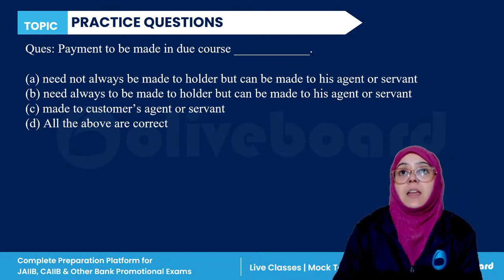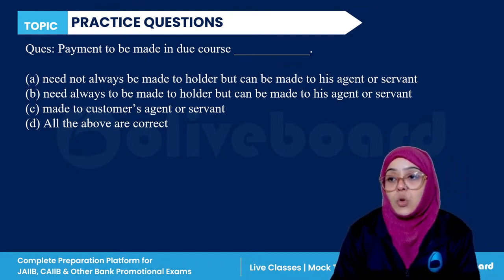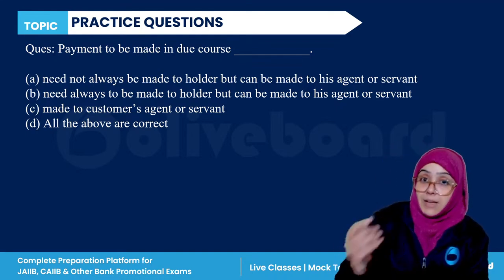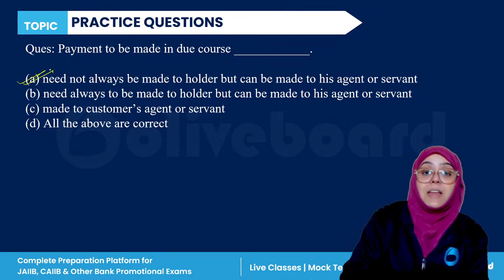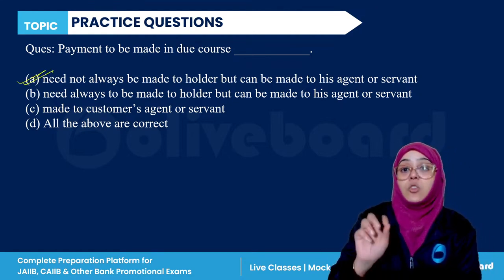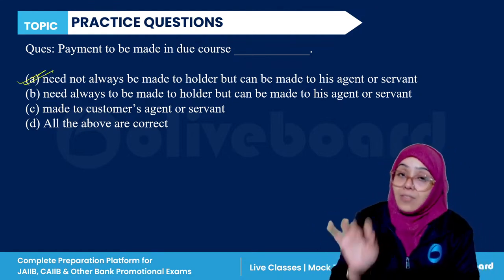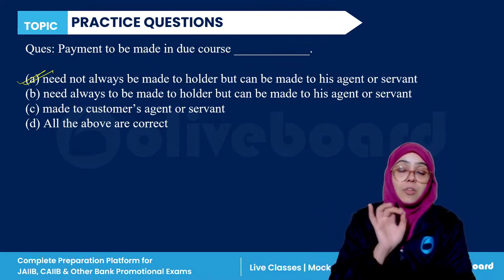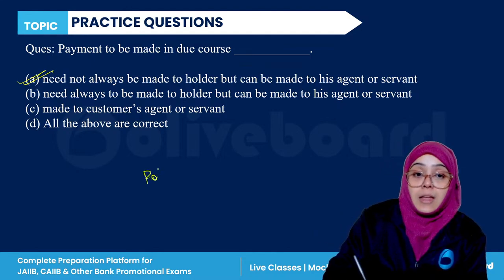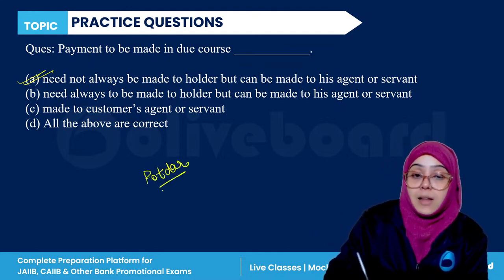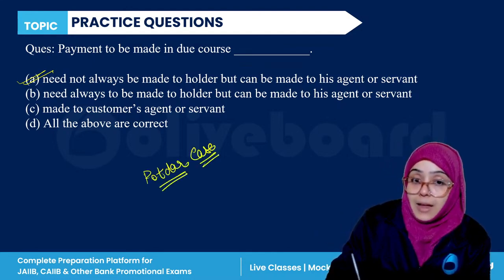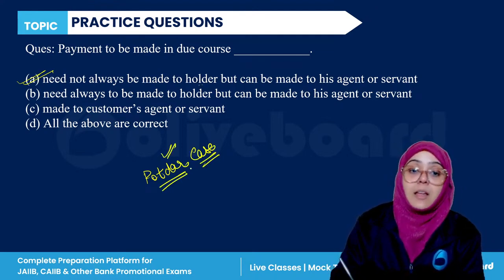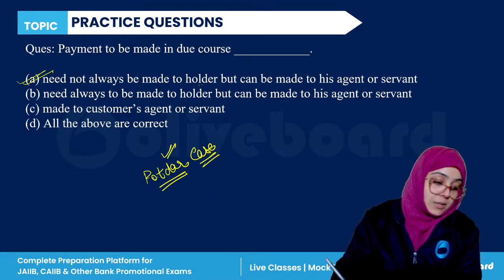So the correct answer is that payment in due course need not always be made to the holder, but it can be made to his agent or servant also, and then it will be protected under the Negotiable Instruments Act. I have already given you the detailed explanation. If you all remember the Potdar case in the class, I have given you the detailed explanation of this particular thing in the Potdar case, right?